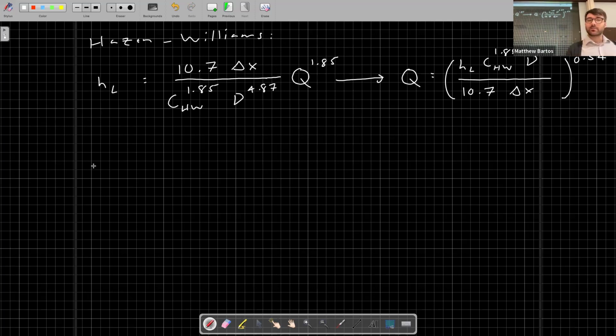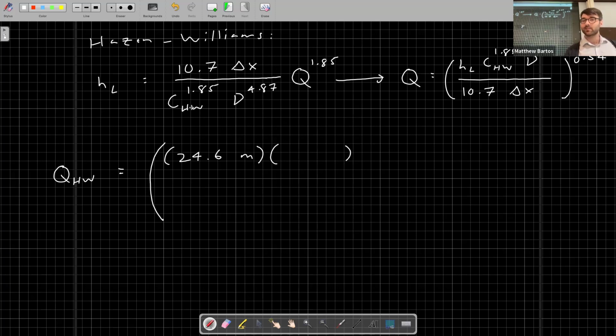So let's go ahead and try to compute this. I'll call this QHW for the discharge computed from the Hazen-Williams equation. So what is our head loss from the problem statement? 24.6 meters, very good. Okay, our Hazen-Williams coefficient, we don't know it yet.